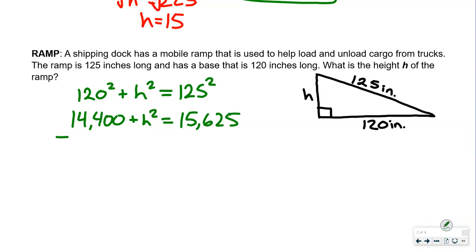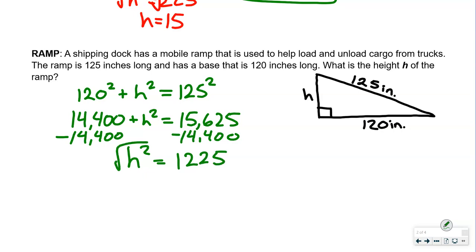Then we can subtract 14,400 on both sides, which gives me h squared equals 1,225. Now, your perfect square chart only goes up to 400, so you definitely do need to punch this into the calculator and make sure it's a perfect square.